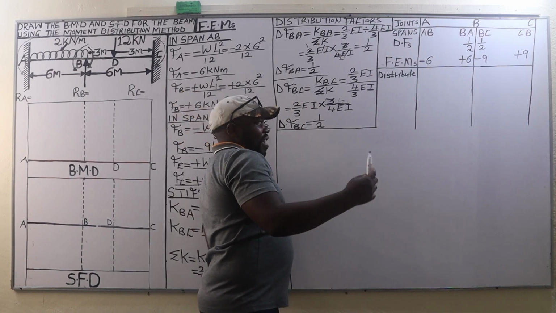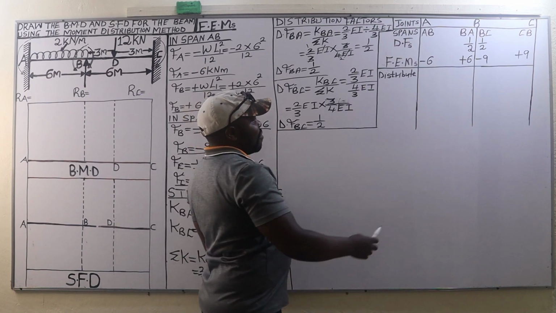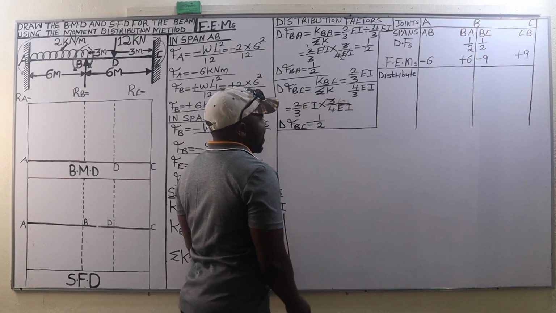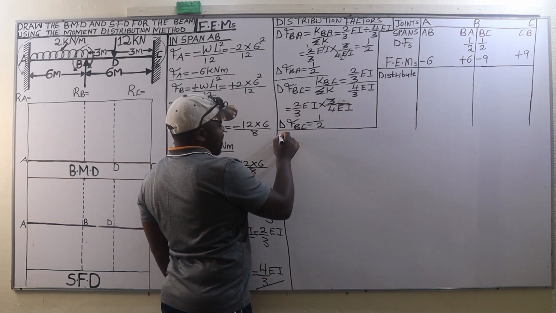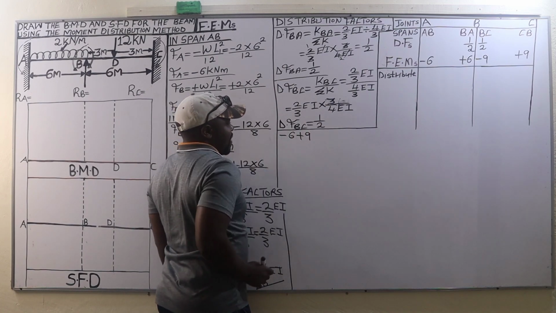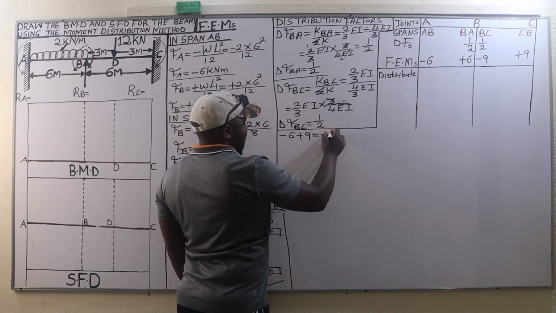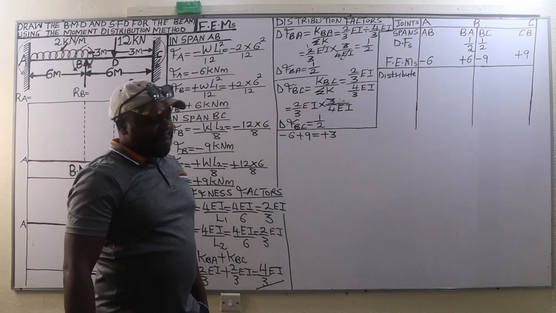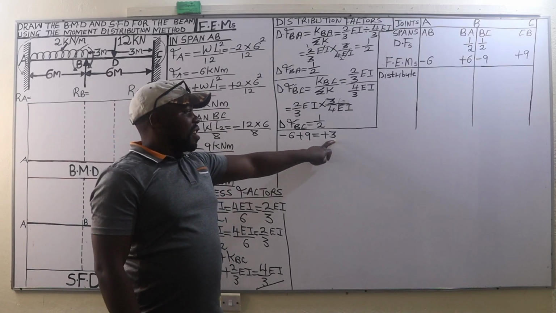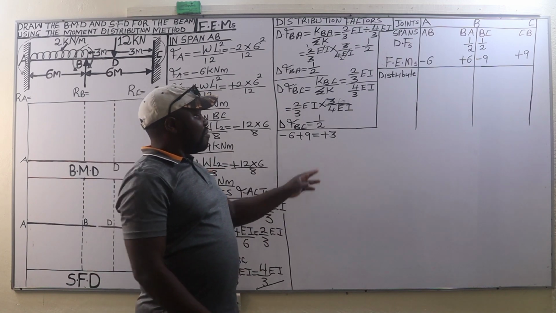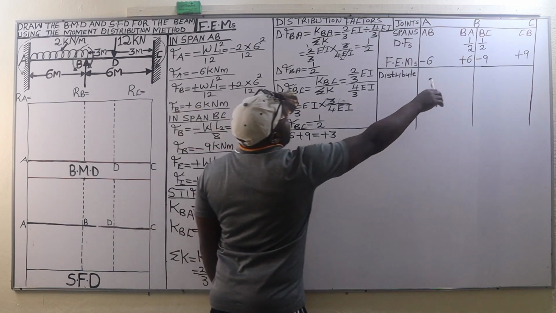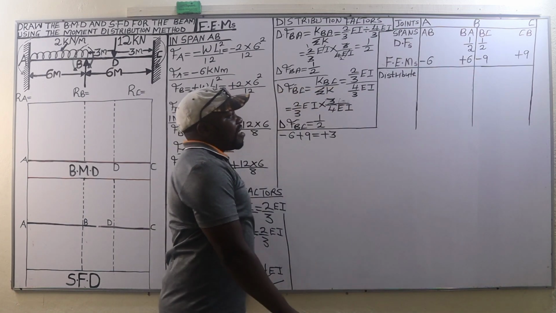To get the excess moment, we usually change the signs of these 2 fixed end moments, and therefore the positive 6 is now going to be negative 6, and negative 9 is going to be positive 9, and that is going to give us an excess moment of positive 3 kilonewton meter. Then we are going to distribute this moment by the distribution factors on each member.